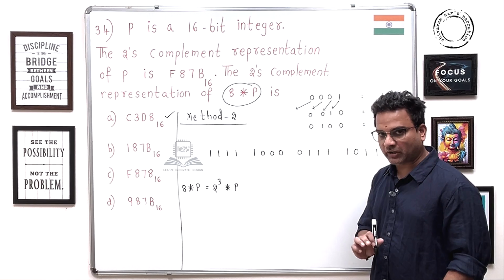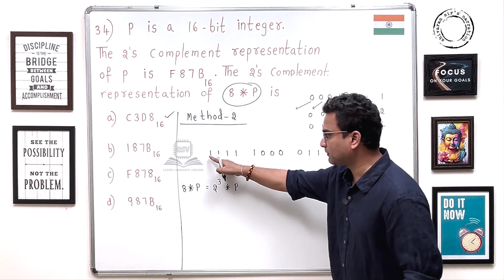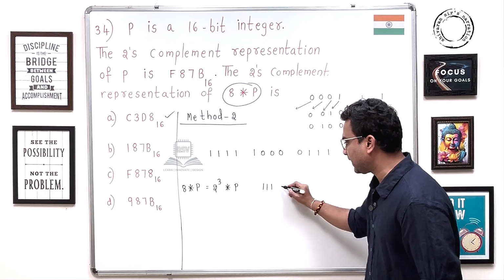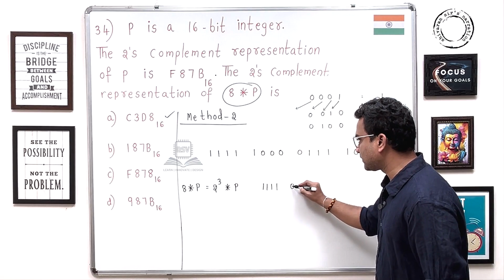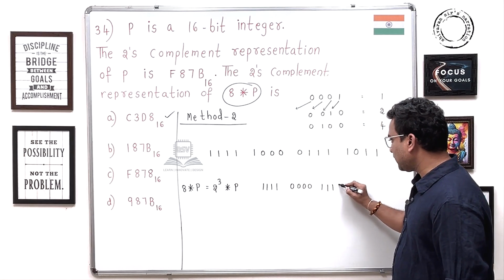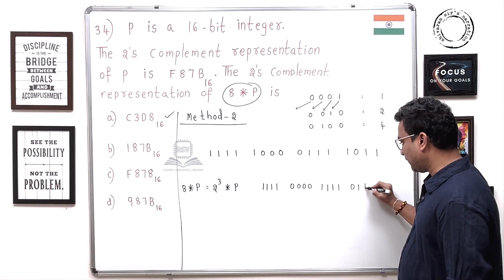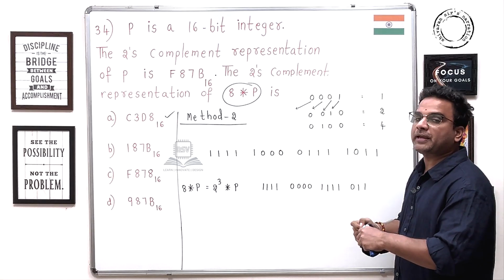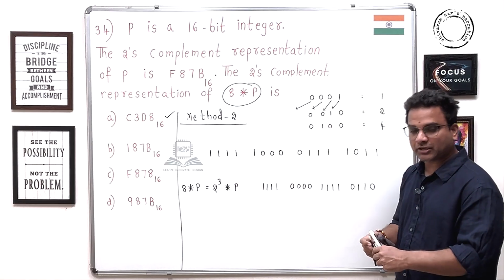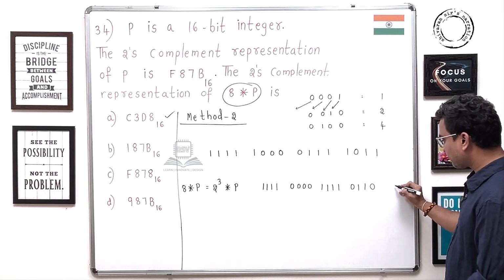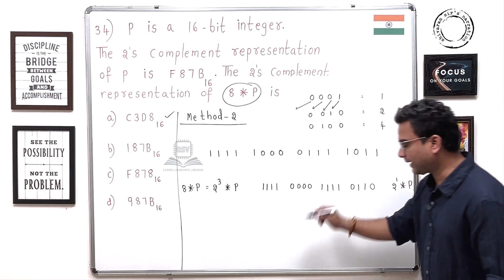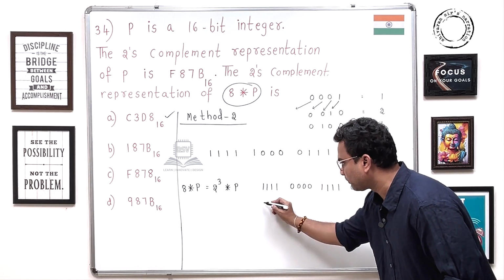You do shift left one time. Therefore this one goes outside, so that it is 111, and this one will be added here. Again here 0000 1111 011. The fresh 0 will be added as LSB. So it is equal to 2 power 1 into P. Okay guys, again you do shift left one more time.